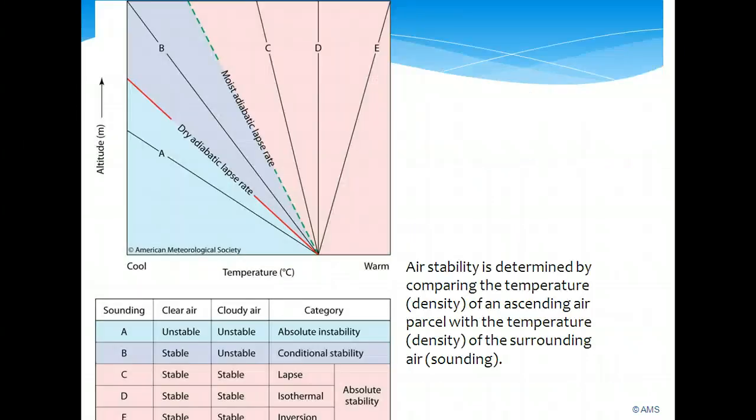After analyzing a sounding, and depending upon the data we receive, the atmosphere is either stable or unstable, and the soundings are coded A through E as shown here in this particular diagram. Stability conditions for each of the 5 sample surroundings are summarized in the table below the diagram.